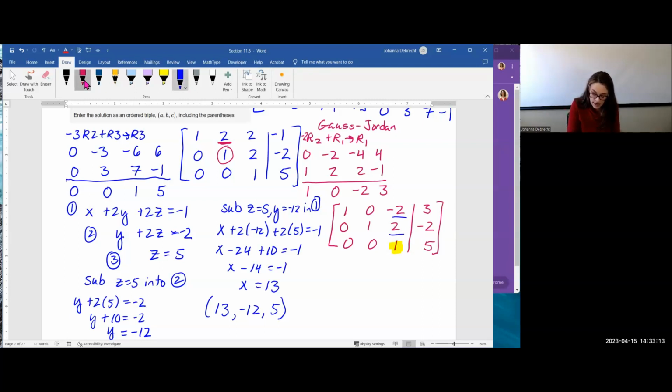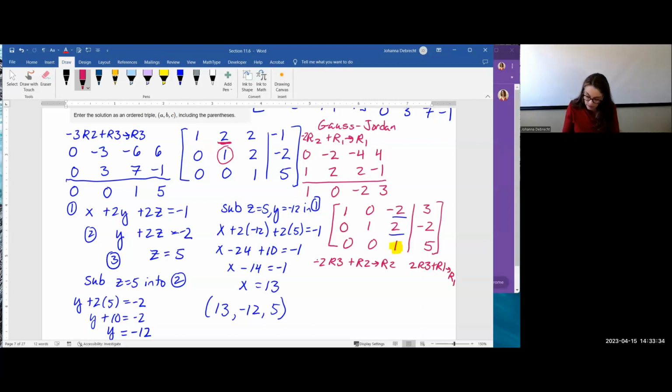So I'm going to take -2 row 3 plus row 2 back into row 2. And I'm going to take 2 row 3 plus row 1 back into row 1.